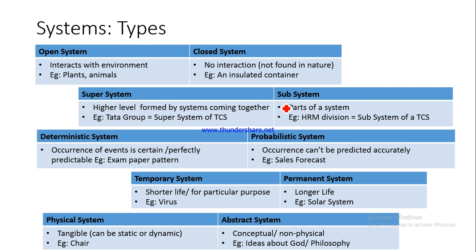Because you simply cannot see them, you simply cannot touch them. Yes, you can feel their presence, but you simply cannot see or touch them. So the idea about God, for example, is an abstract system, right? So these were the different categorizations of systems.